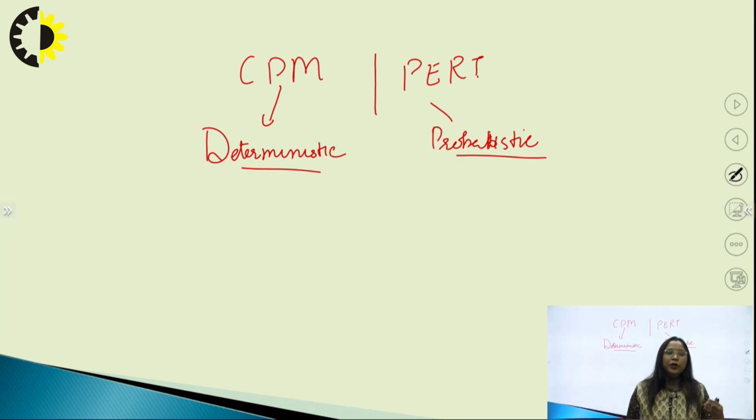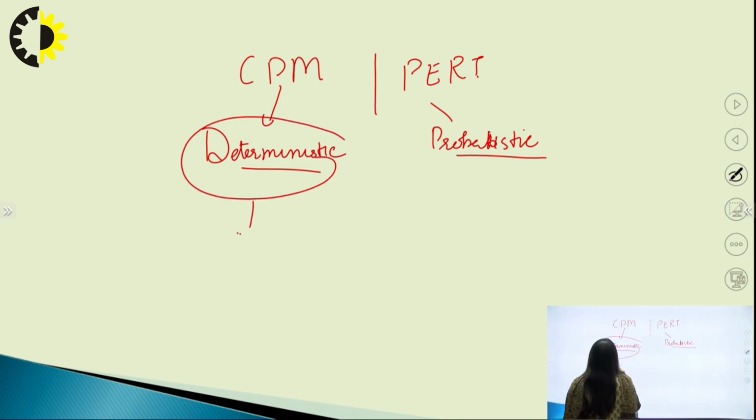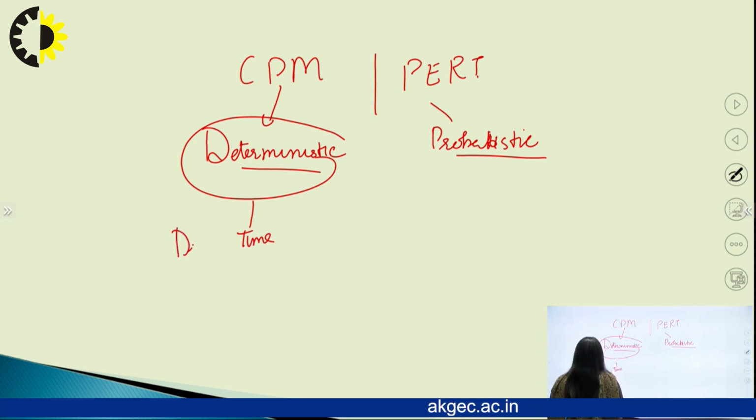In CPM, we take data from the background, from history, on how much time each activity can be done in. In that kind of model, we have a determined time for each activity.